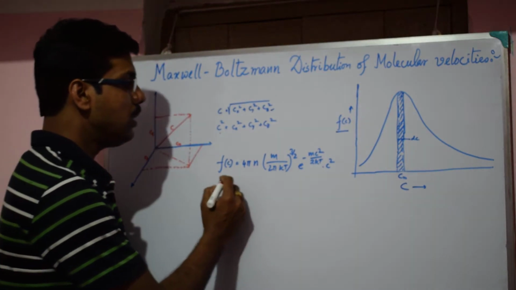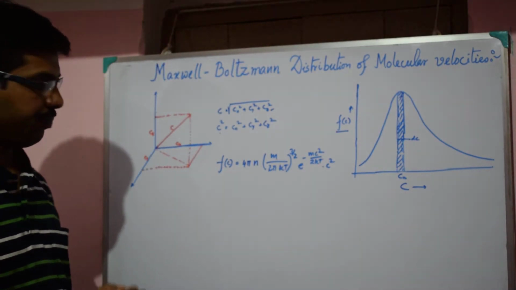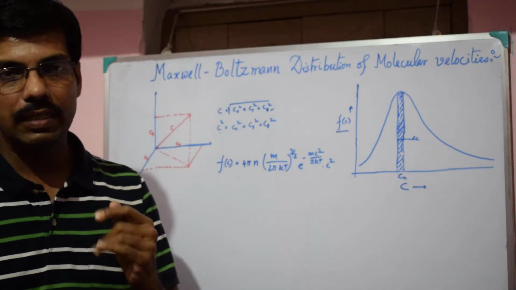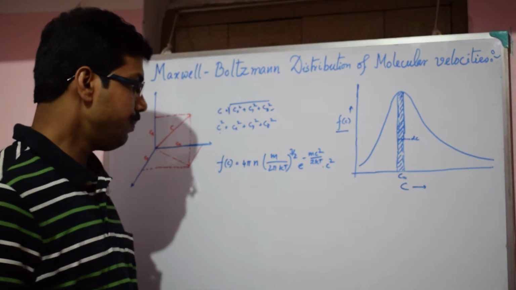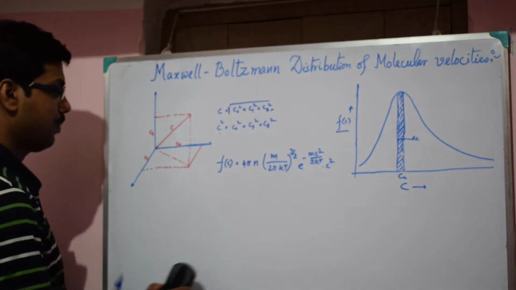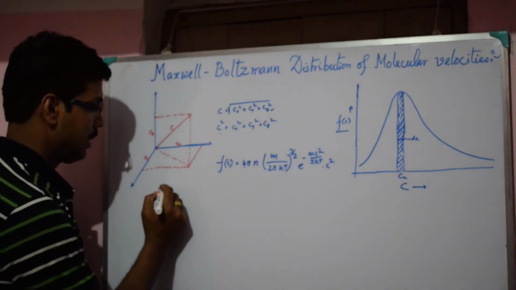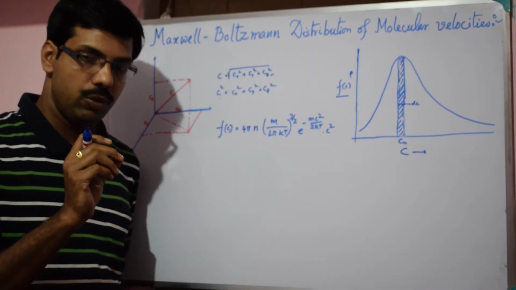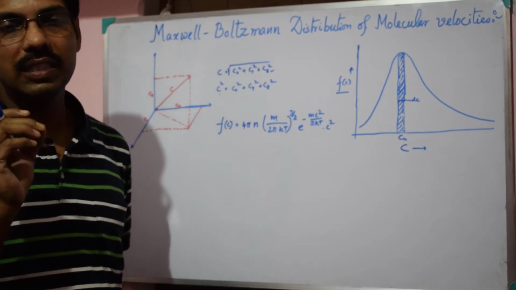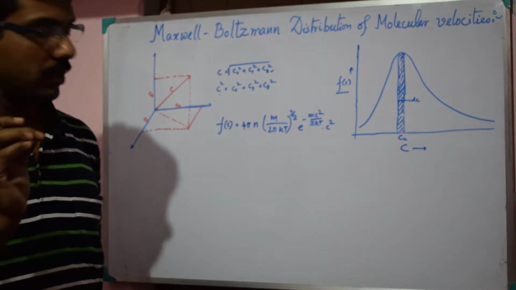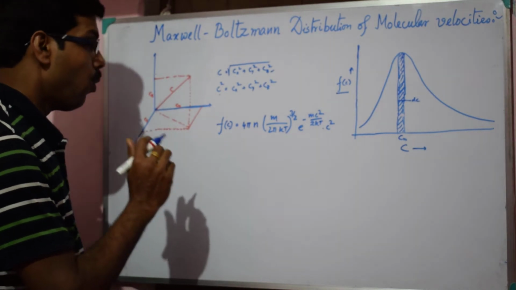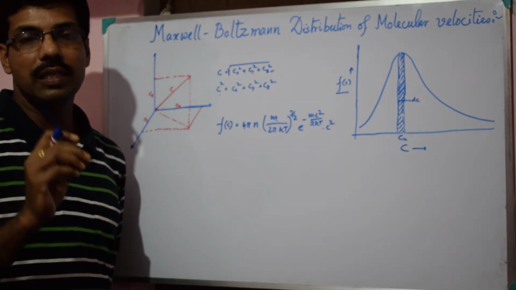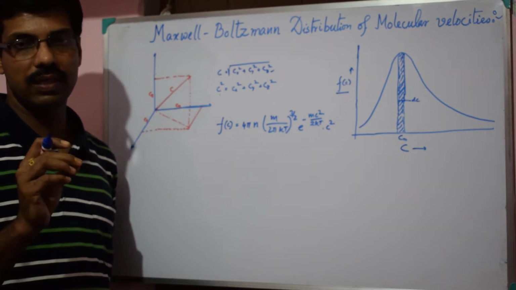Now how do we arrive at this function? We come to the very beginning of probability theory. First, if we consider a single molecule moving in the velocity range c to c plus dc, what is the probability of finding a single molecule within the velocity range c to c plus dc?